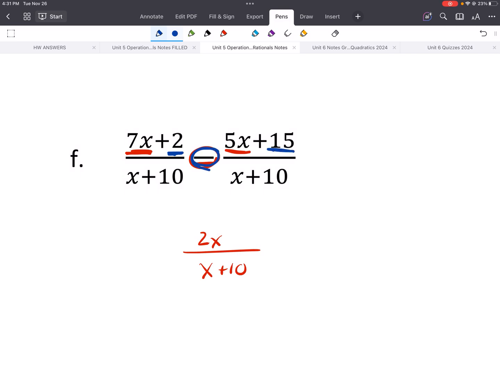It's that part that people will forget. They'll do 2 plus 15, but it's 2 subtract 15, so negative 13. I think that's our answer. We can't factor and we can't cancel, so our excluded value would be negative 10.